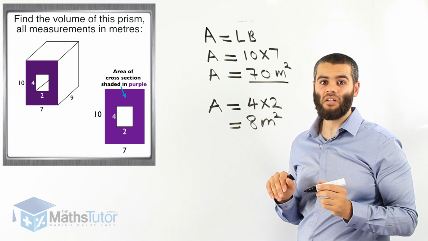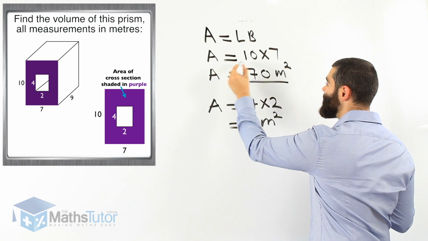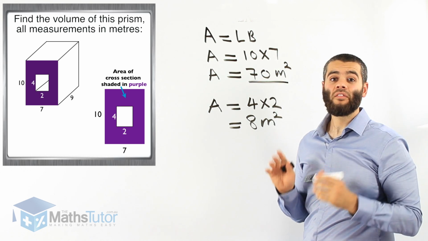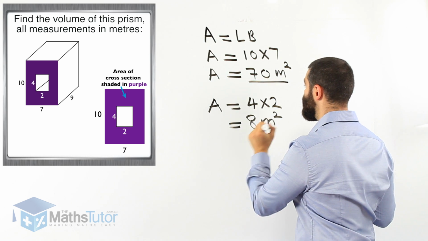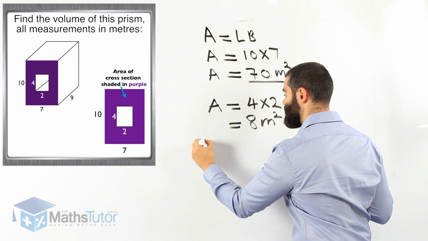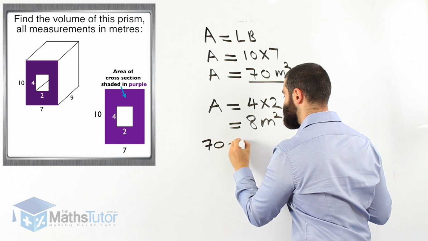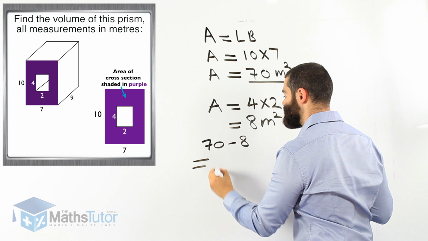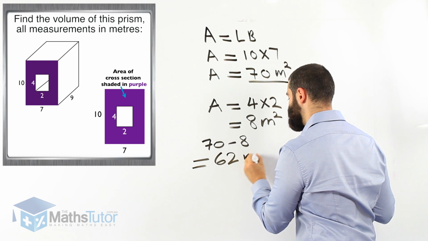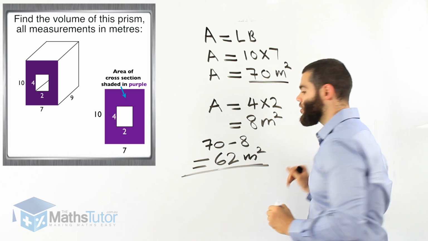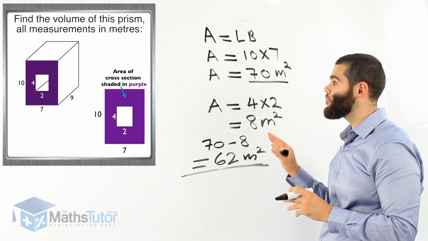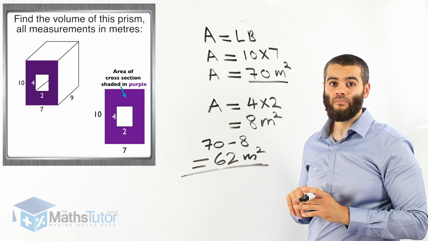So the cross section is the big rectangle, take away the little rectangle. So here we have again 70 minus 8 is 62 square meters. That is the area of the cross section. That is the area of the purple part shaded there.